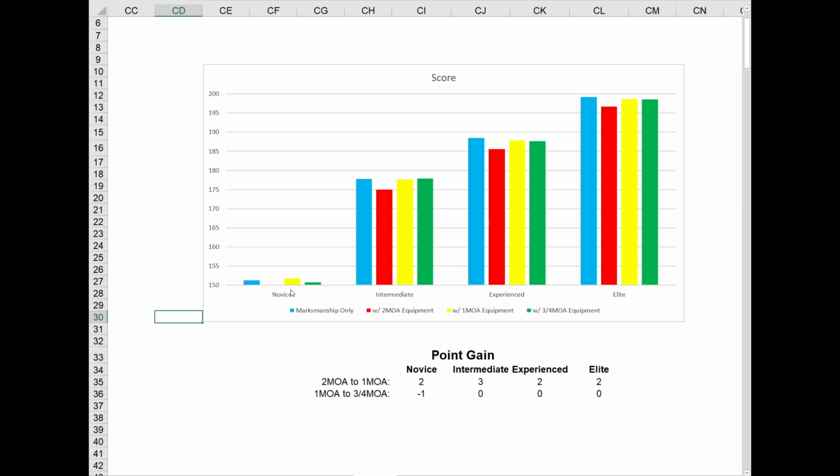Now, if the shooter uses 1 minute of angle equipment, they are scoring a 152. Their marksmanship is delivering a 151, but with the 1 minute of angle equipment they're getting a 152, which is a 1 point gain, actually.